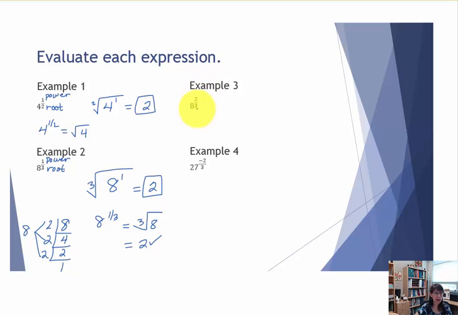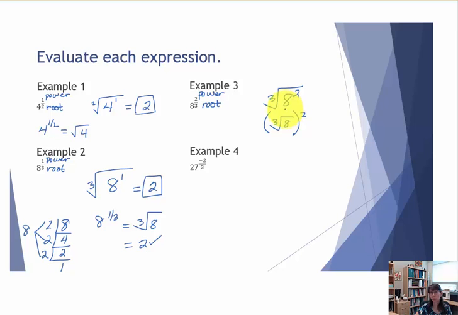In example 3, we have 8 raised to the 2/3. So 2 is the power and 3 is the root. 8 is raised to the power of 2, and we're looking for the cube root. So there's one way to write it, or we could take the root first and then raise it to the power.